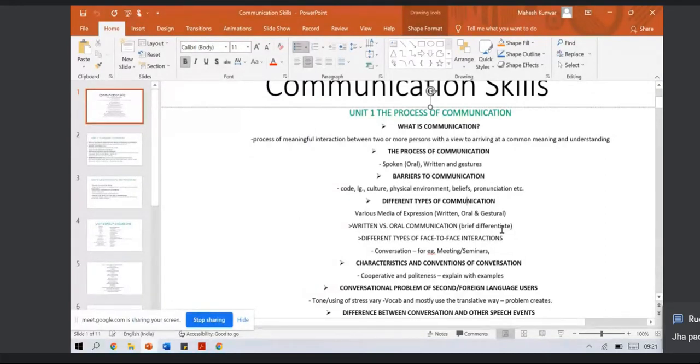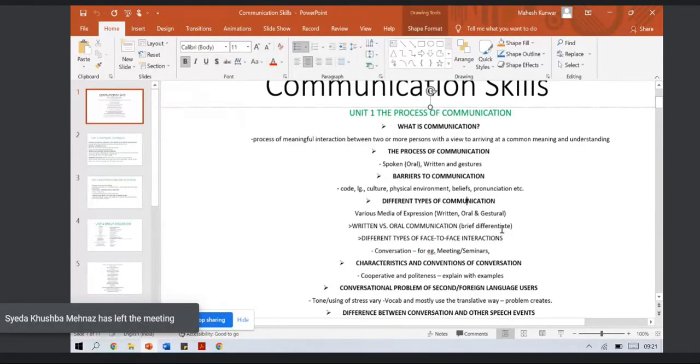For example, if you are showing the location, or showing the direction to some stranger, you will show with your hand. Or if you are showing a traffic signal, you may show your hand for the traffic signal.